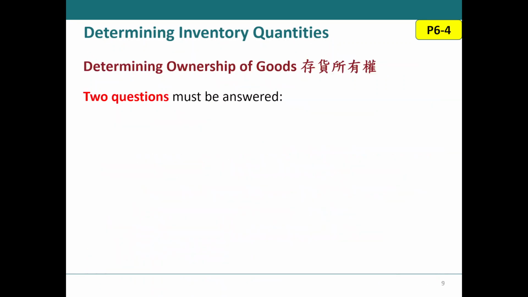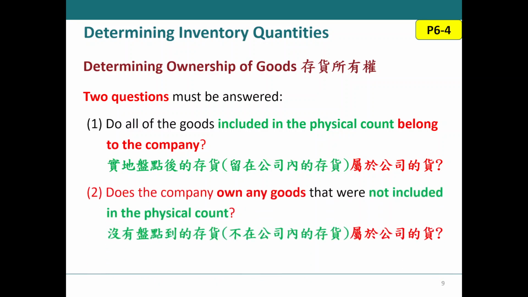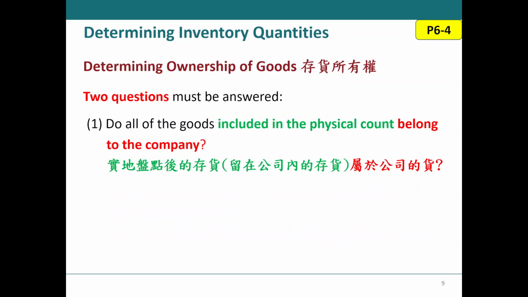Okay, so let's look at these two issues. Is it your inventory or is it not? First, maybe you find the inventory in your company. It is included in the physical count, because you count it, right? But are you sure it's yours?